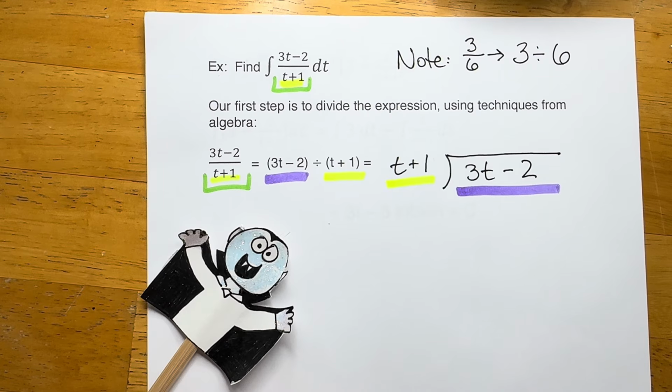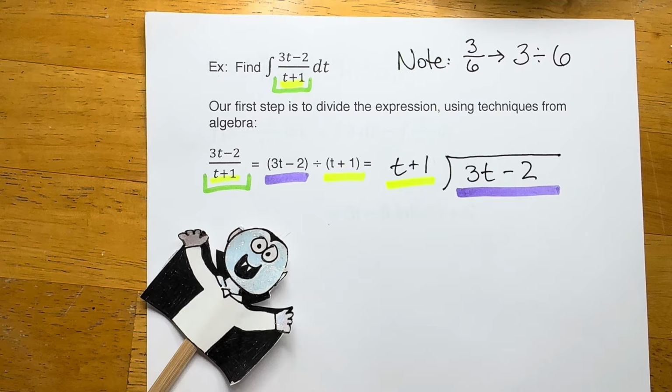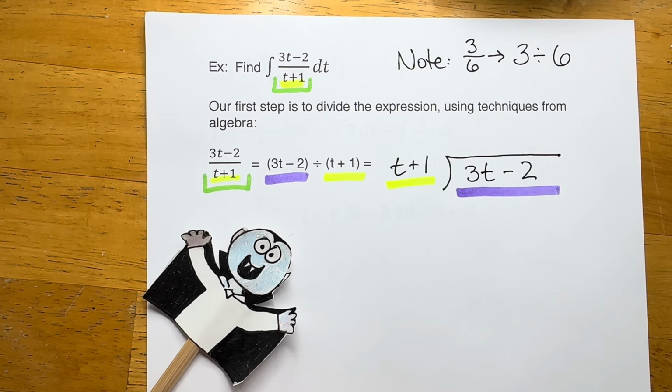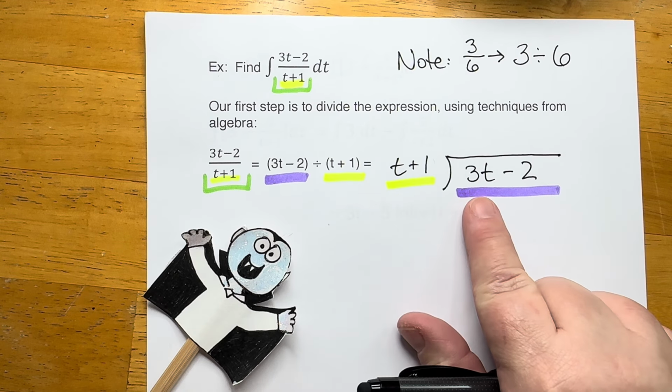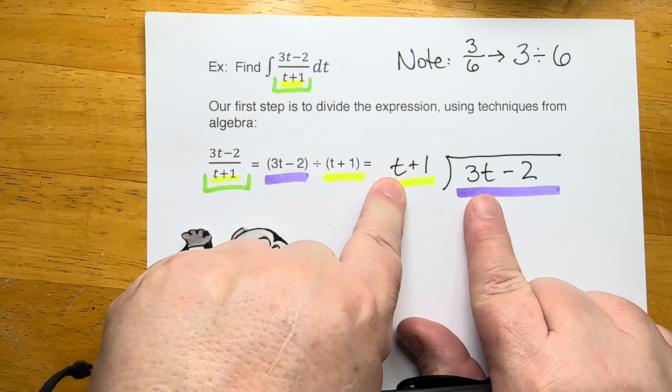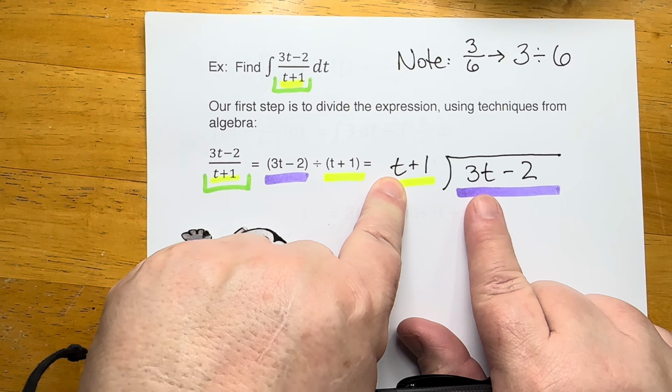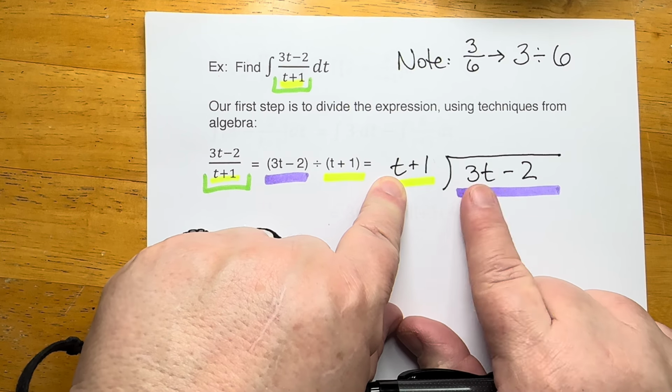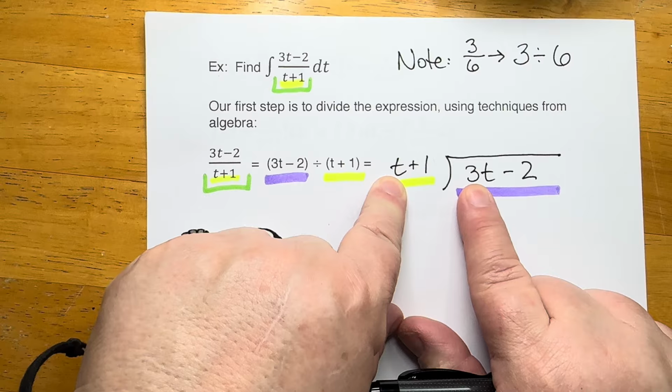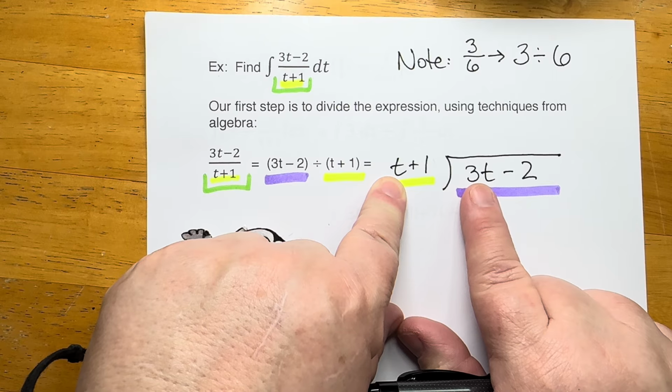Okay, so hopefully you remember how to divide things that aren't strictly numbers. You can divide expressions exactly the same way you divide numbers. And again, this may be something you need to review, or something you need to learn for the first time if you've never done it before. Basically, just like with numbers, you look at the very beginning of the expression, the leading term, the term that has the highest degree, and then you look at the very first term in the expression inside the box, inside the dividend.